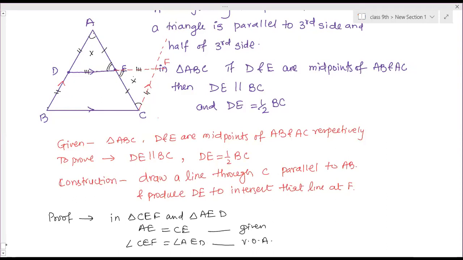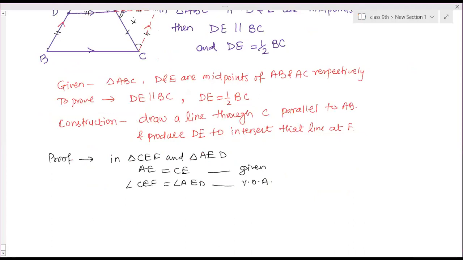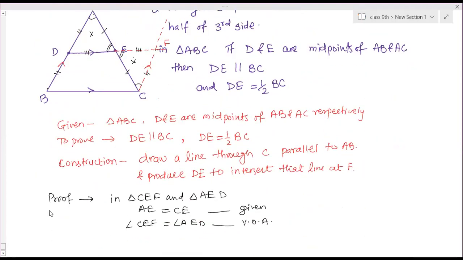Are you able to see? Yes, ma'am. Then angle ECF is equal to angle EAD, alternate interior angles.